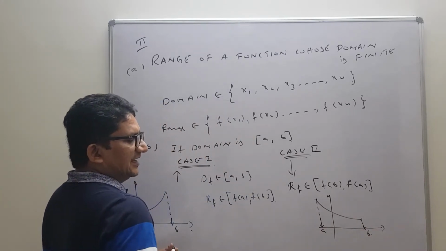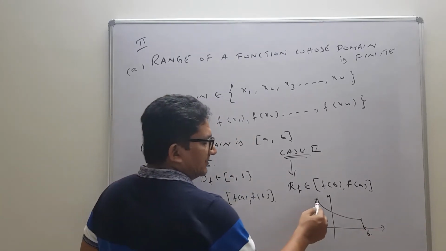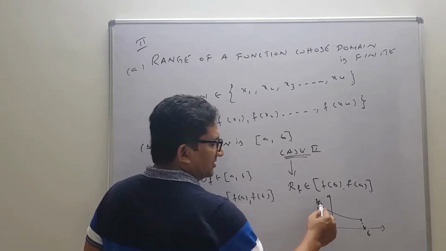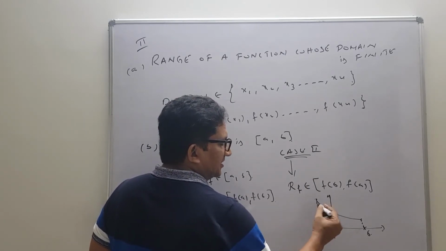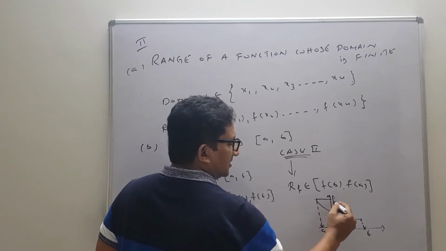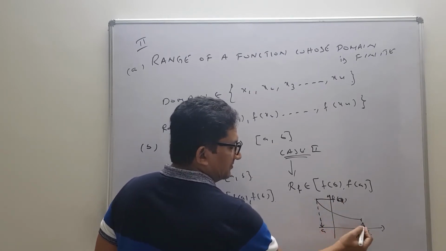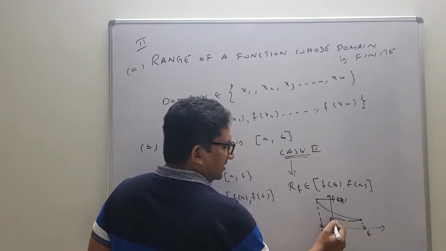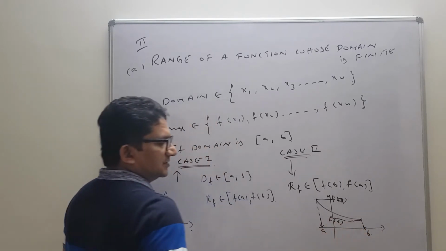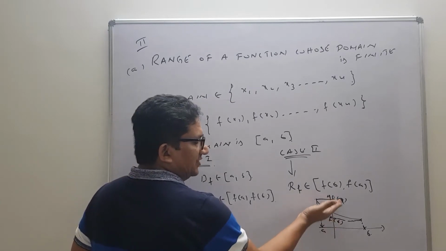Now clearly from the diagram, we will get the maximum at the point x equals a, that is f of a, sorry. So here I have taken a, and here we will get the corresponding value, that is f of b. That's why its values lie in between f of b and f of a.